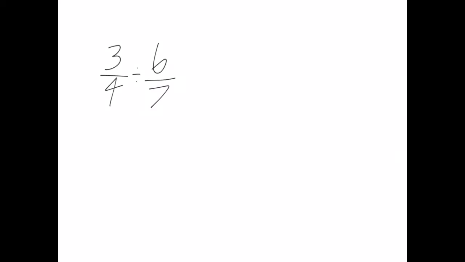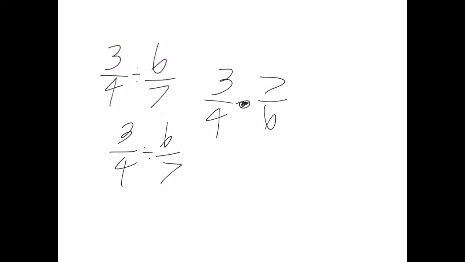3.7, dividing fractions and decimals. So as you can see here, we have 3 over 4 divided by 6 over 7. So now, let's do this. First problem stays the same. Then you change the division to multiplication. And then you flip-flop the denominator and the numerator. Then it becomes 7 over 6. So now you have to multiply.